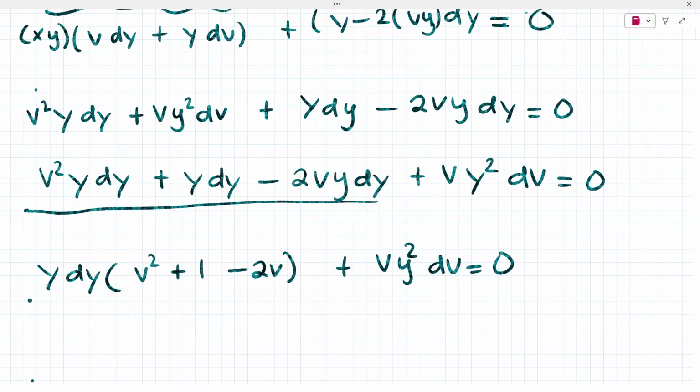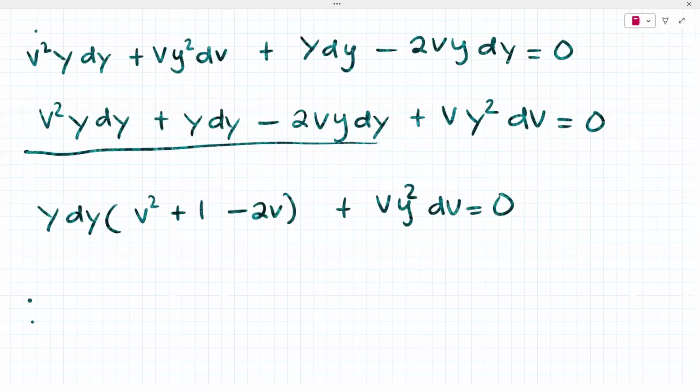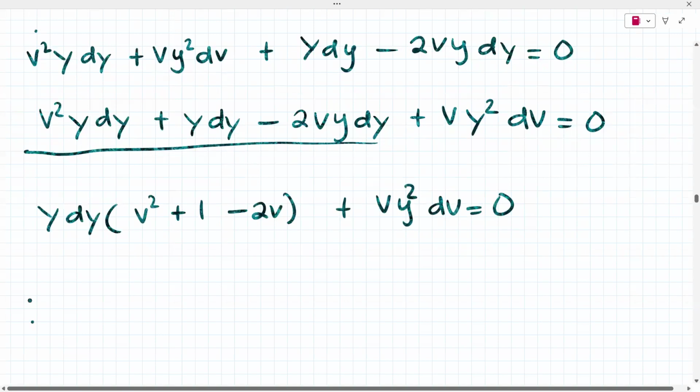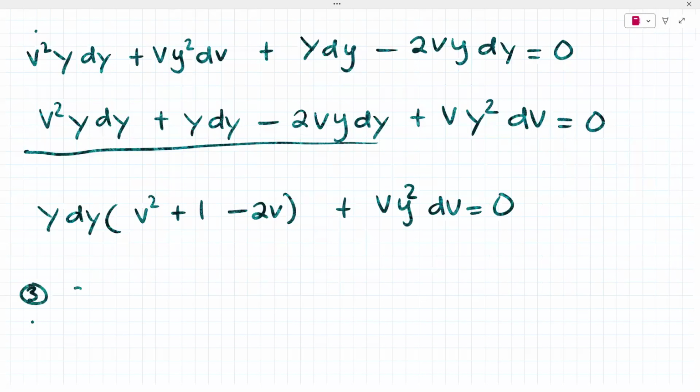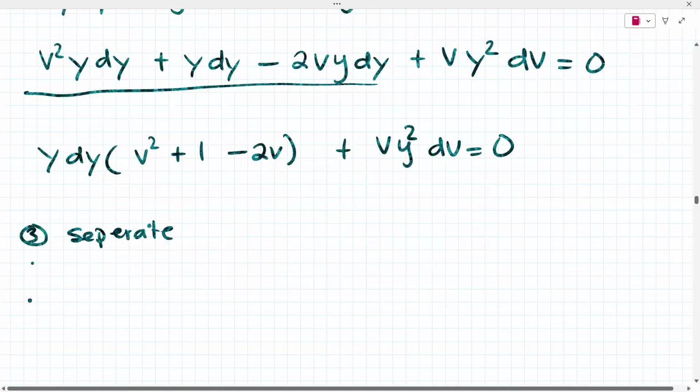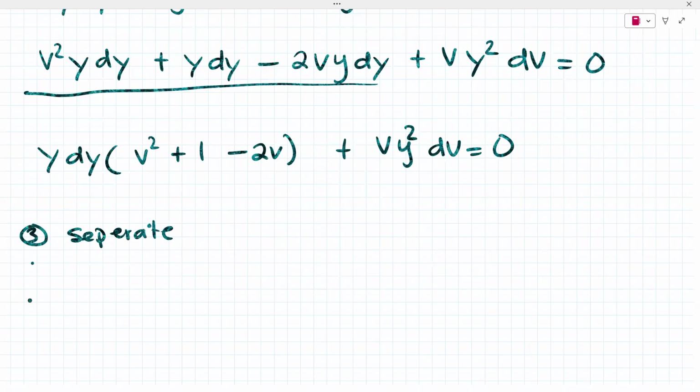Then, can we separate? So step 3 is separate. Just go ahead and cross multiply. Or maybe I would subtract this vy squared dv to the right.